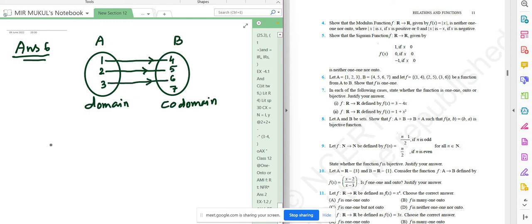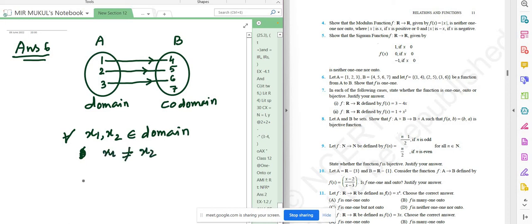What are you observing? For all x1, x2 belonging to the domain, if x1 not equals to x2, then f(x1) also not equals to f(x2).